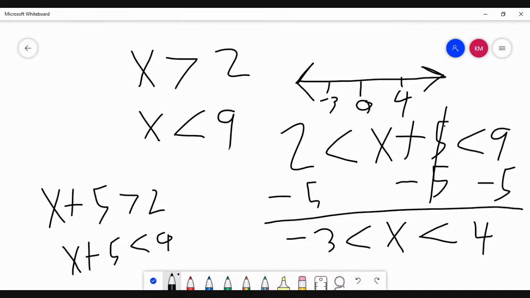Negative 3 to the left because it's negative. And open circles, and you shade in the middle. This is what you consider an and statement. X is greater than 2, and it is less than 9.